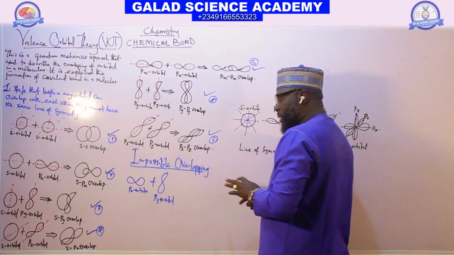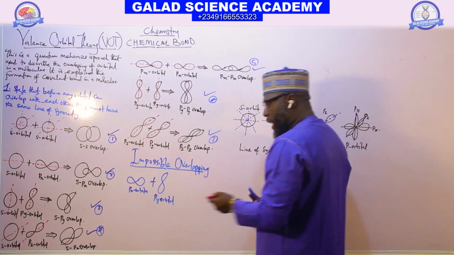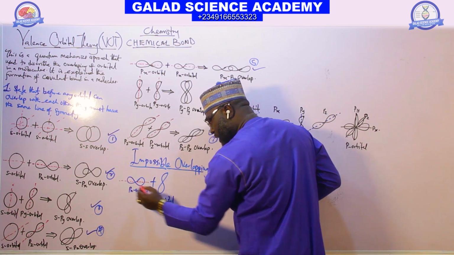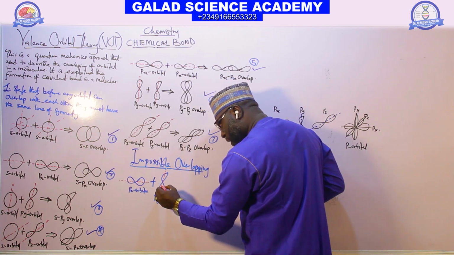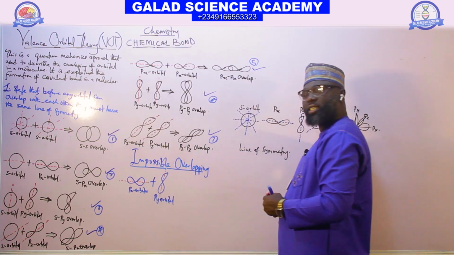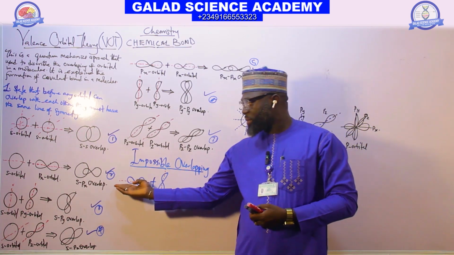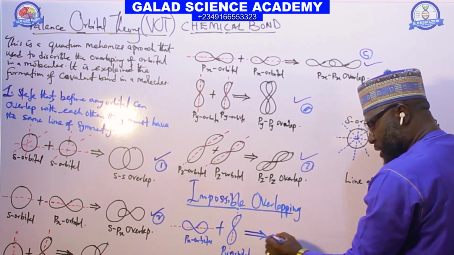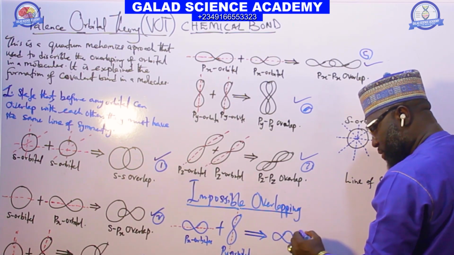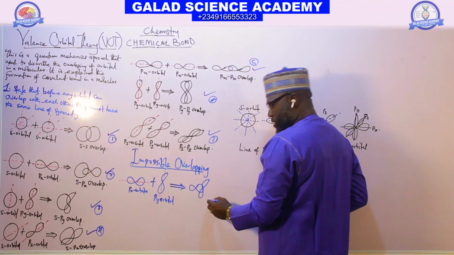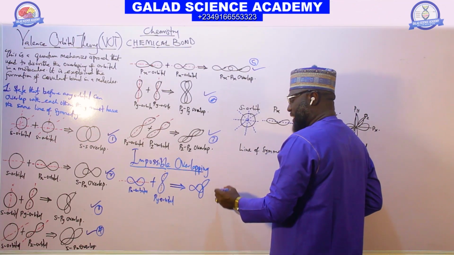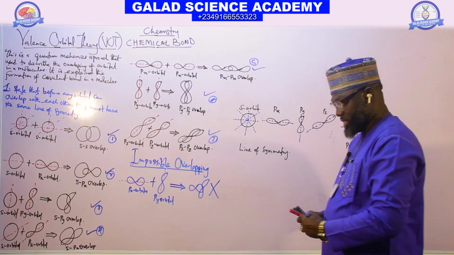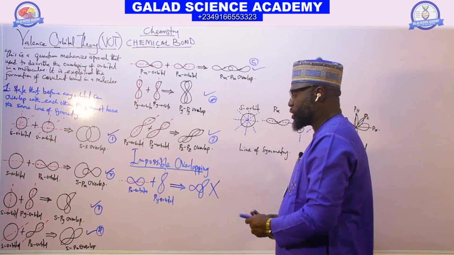Look at the line of symmetry for S, and the line of symmetry for Py. Are they the same? This one is a horizontal line of symmetry, this one is a vertical line of symmetry. So if you say they overlap in this form, this can never be possible.